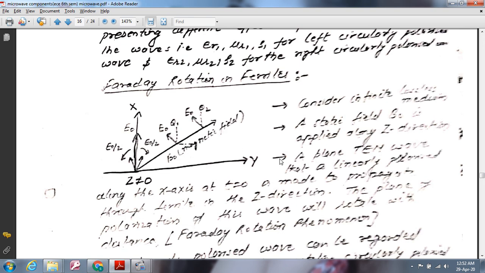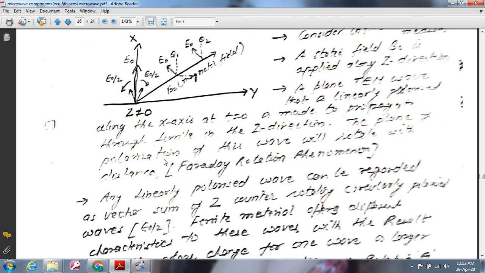A plane transverse electromagnetic wave that is linearly polarized along the x-axis at t equals 0 is made to propagate through ferrite in the z direction. The plane of polarization of this wave will rotate with distance. As this wave moves away, the plane of polarization rotates. This is the Faraday rotation phenomenon.